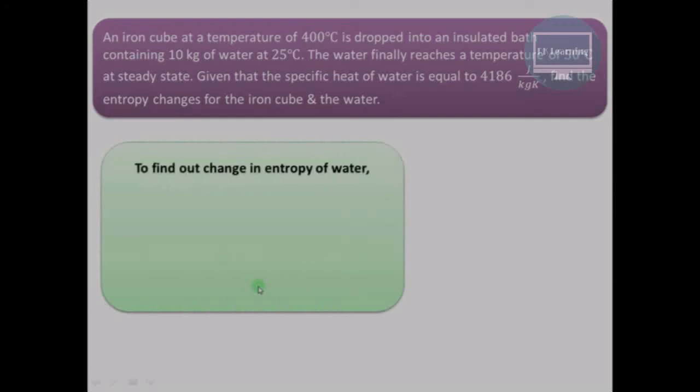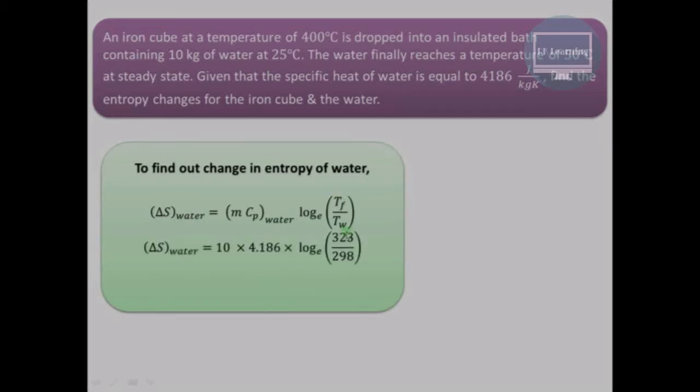Similarly, we can find the change in entropy for water. So again, mCp ln of Tf upon Tw. Substitute the values. Tf is 323, the initial temperature of water is 298, the mass of water is 10 kg and Cp of water is 4.186, and we'll get this value after solving as 3.372 kilojoule per Kelvin.